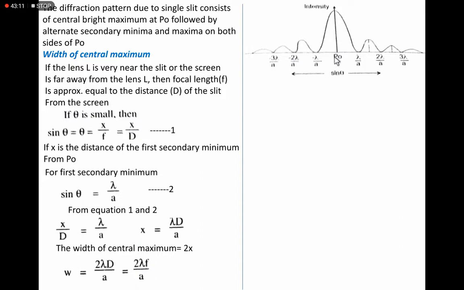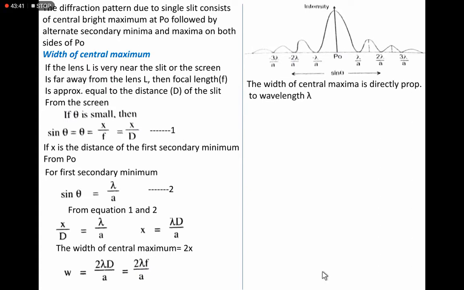The central maxima is at P0 and the first minima is here, so this distance is x. This distance is x, so x is determined here, and if we multiply this by 2, we get this total distance. That is the width of the central maxima, 2 lambda D by a.